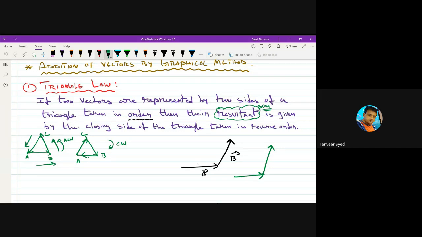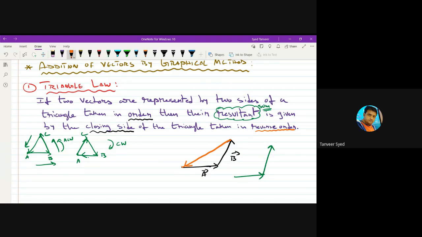Closing side of the triangle. Triangle has three sides. We have already two sides here. So the closing side is this. Taken in reverse order. This is very important. So what should be the direction of this third side of the triangle?